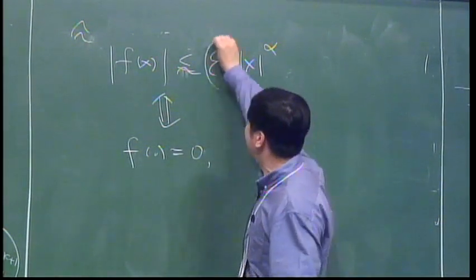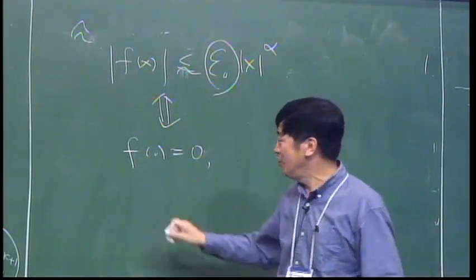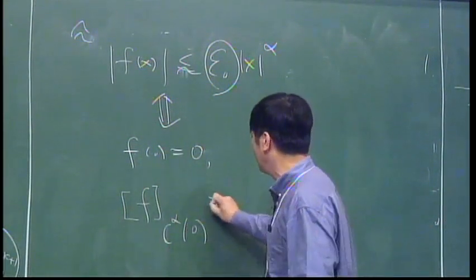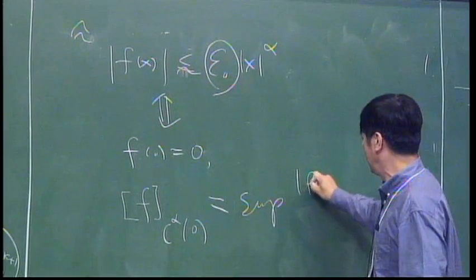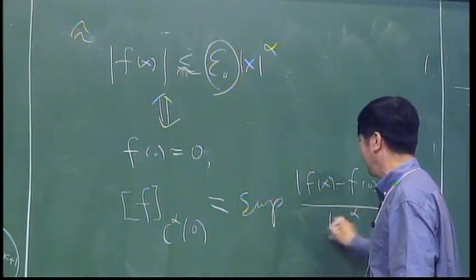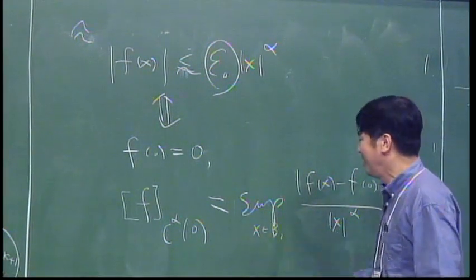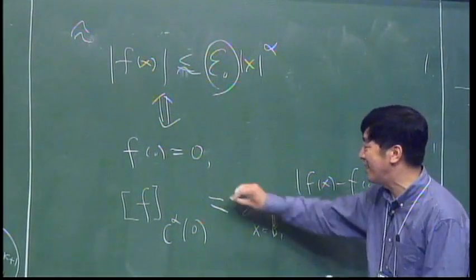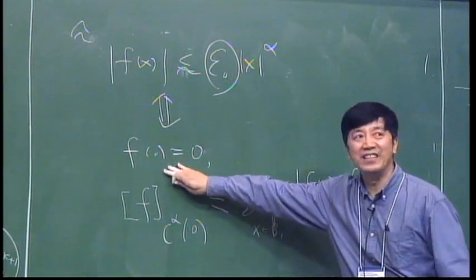And this number, if you like, you better define it like a pointwise Holder norm. If you may, it really deserves a name. And if this is less than or equal to c0, then I have the C2 alpha estimate, right? Actually, I better define it in general this way, but I need this condition also.